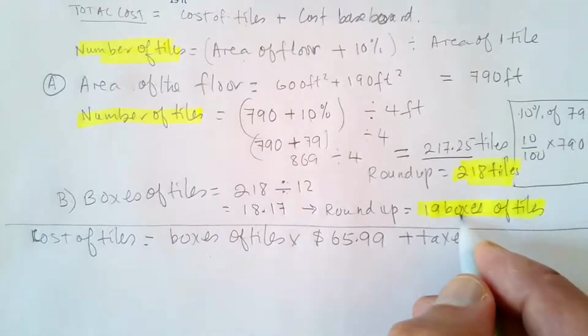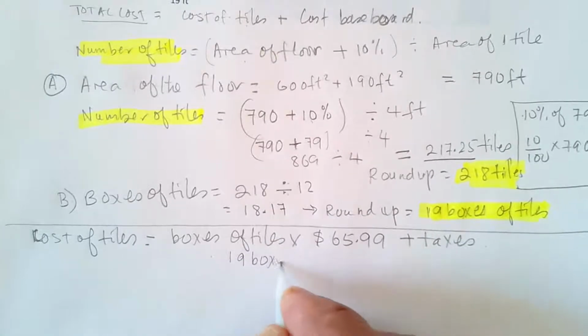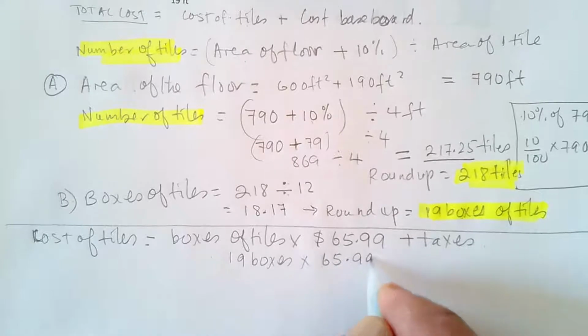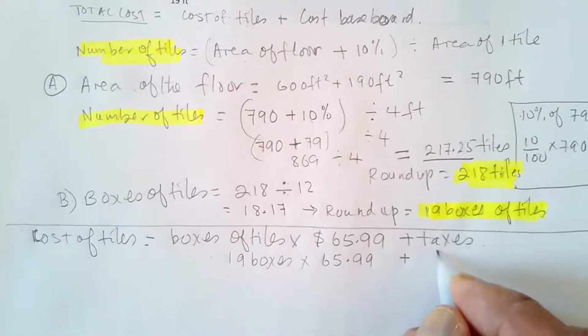We have 19 boxes, so we put 19 here, multiplied by $65.99. Now, plus your taxes.